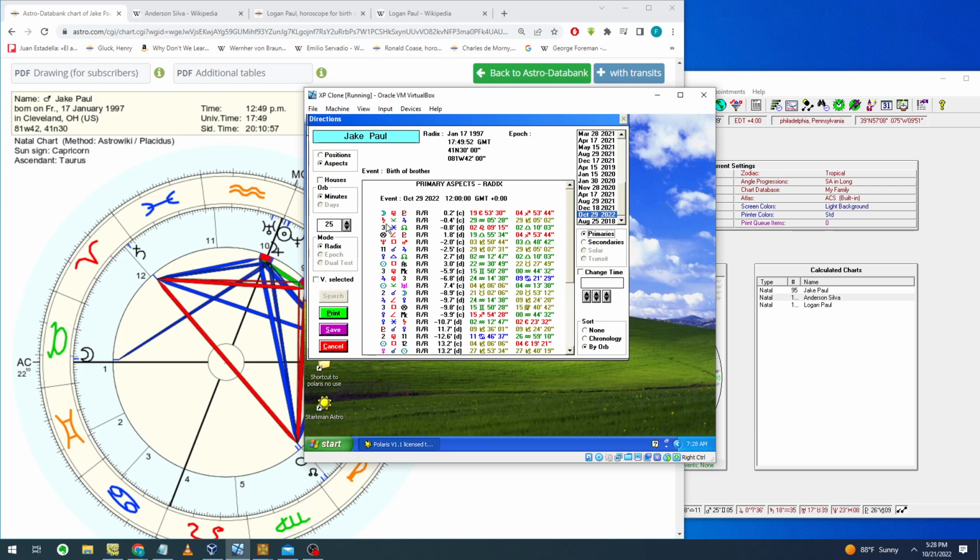Okay, in primaries there is nothing troubling, only this square from Neptune to Mars. But at this point, there isn't much negative weight here. If I saw a square from Saturn to the Sun, or Mars to the Sun, Sun square Pluto maybe, then I would be very concerned.